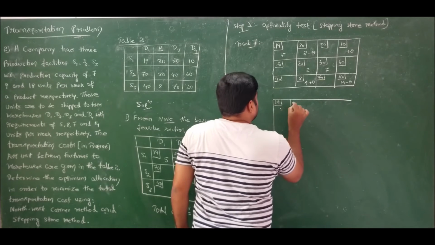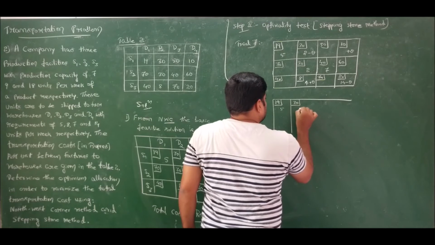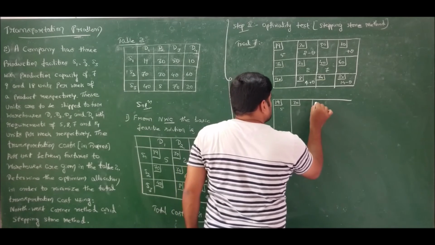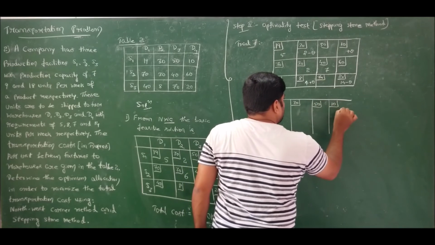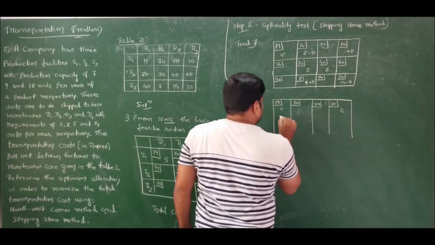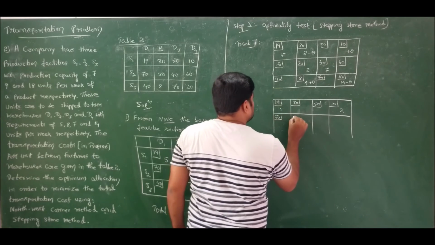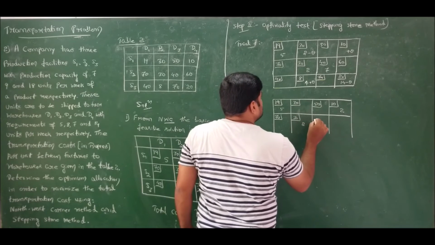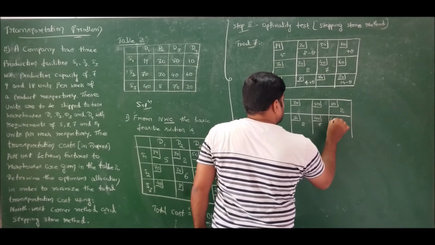Here we have 5 units, next is 30. Here it will become 0 because I am allocating theta as 2, 50. So here 10, we are allocating it with 2 units. Clear? So next we have 70, 30, 2, 40, we have 7, then we have 60.